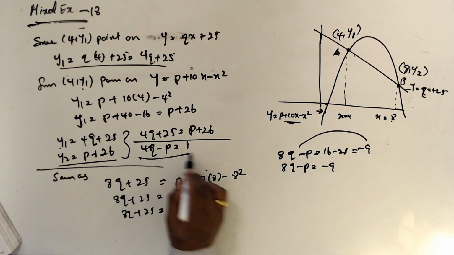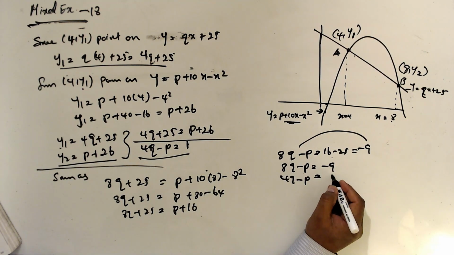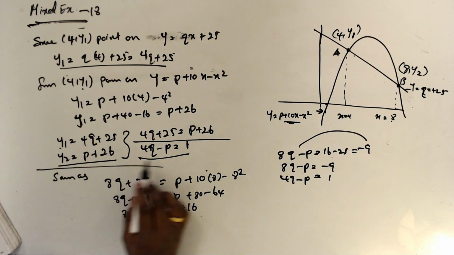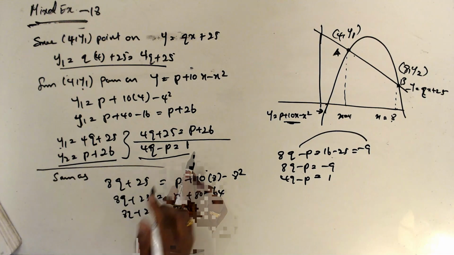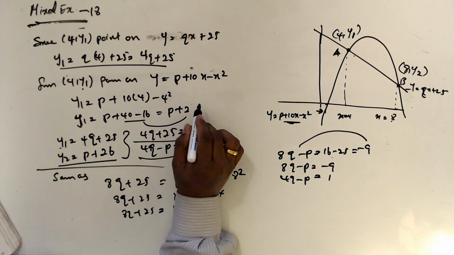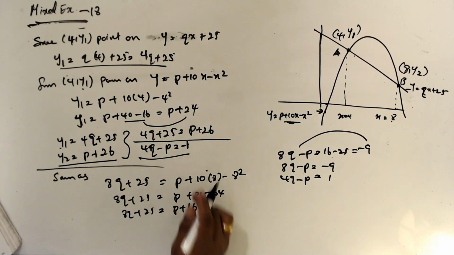And we have another equation, 4q minus p equal 1. It is 1 or minus 1? 40 minus 16 is not 26, it is 24. So this is going to be minus 1.